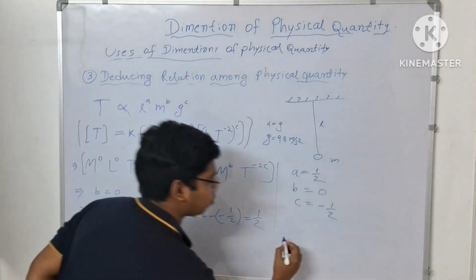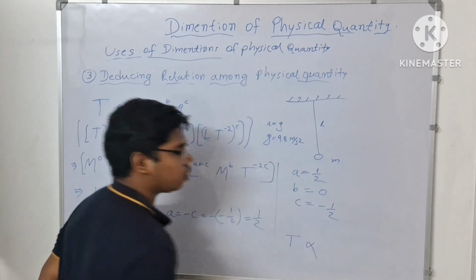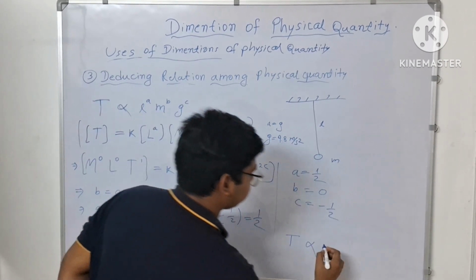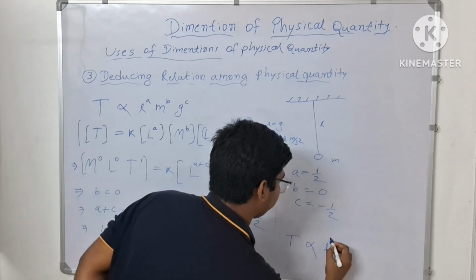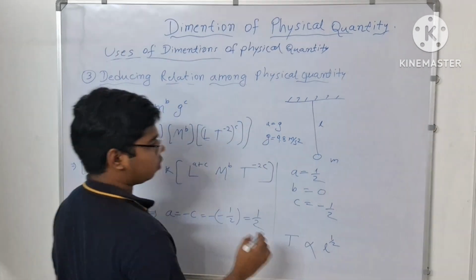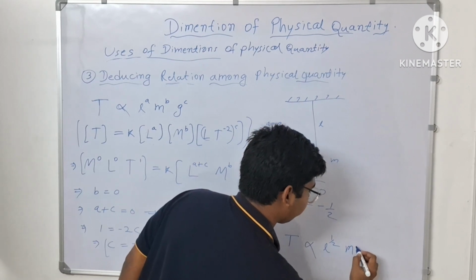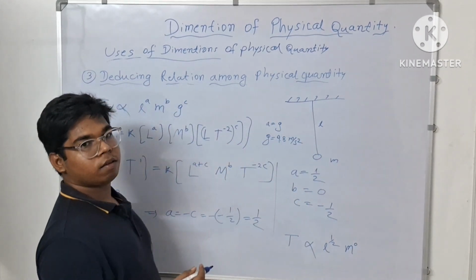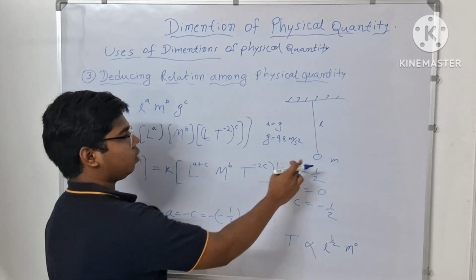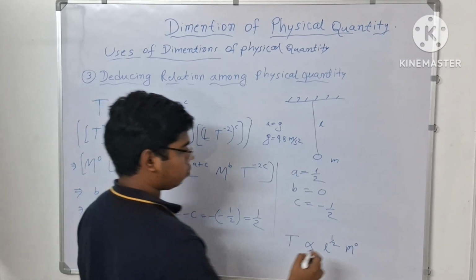So how is time proportional? Time is proportional to length power a, which is L power half. Next is m power b, so m power 0. It means the time period doesn't depend on the mass of the pendulum.